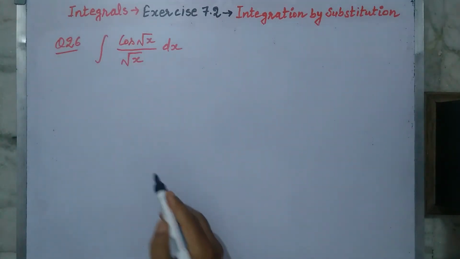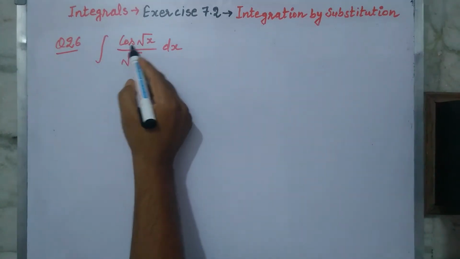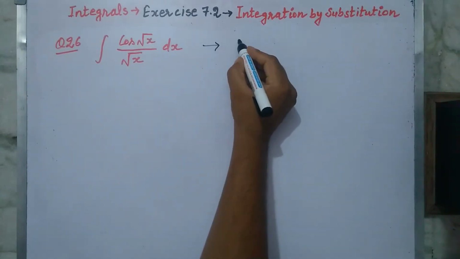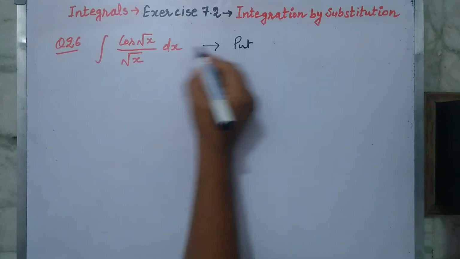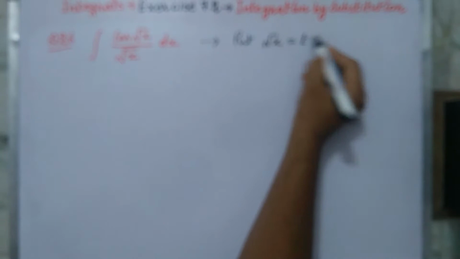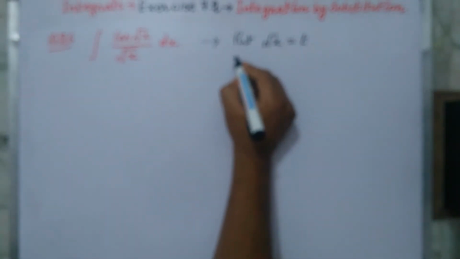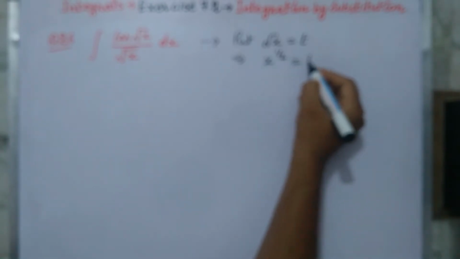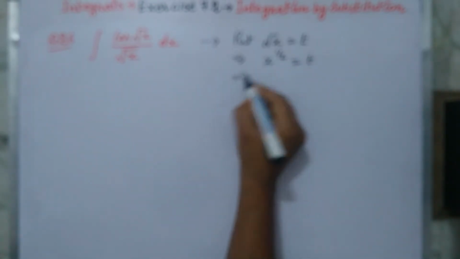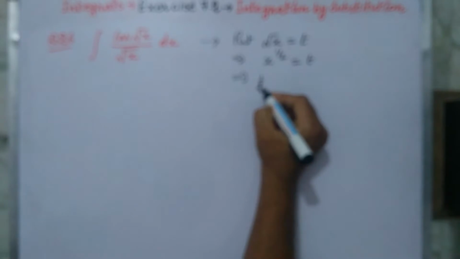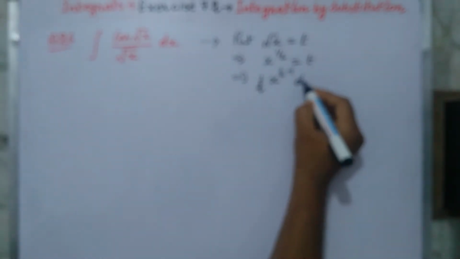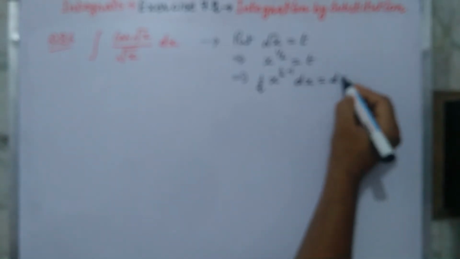Our next question is question number 26: cos of square root of x upon square root of x. Here we substitute square root of x equal to t. Now differentiating, x raised to power 1 upon 2 is equal to t. Differentiating with respect to x, 1 by 2 x power 1 by 2 minus 1 into dx is equal to dt.